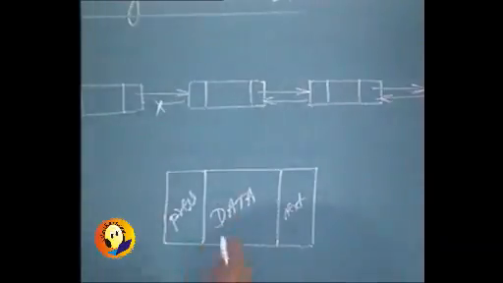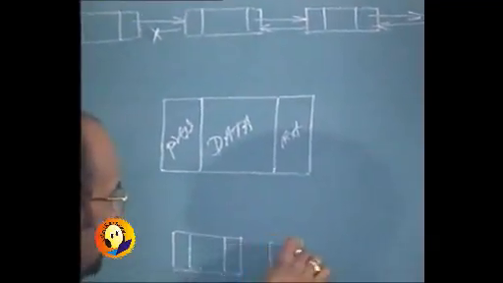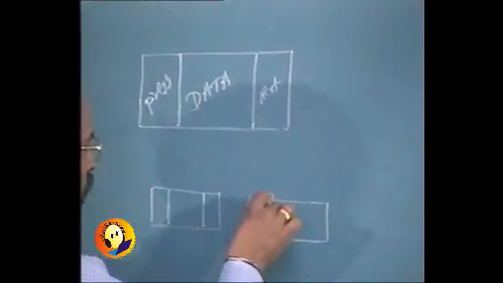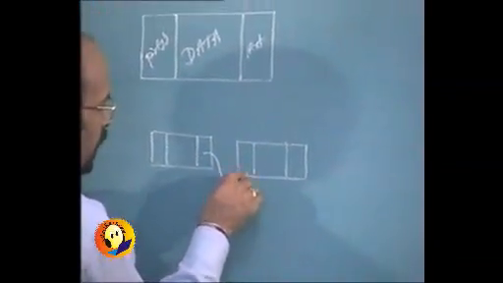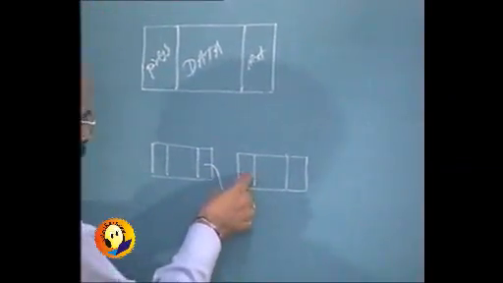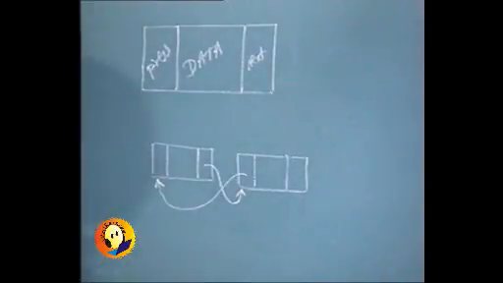To be precise, the figure should have been drawn like, इसका जो नेक्स्ट है is pointing to the beginning of this, और इसका जो previous है that is pointing to the beginning of the previous node. Pictorially हम ऐसे दिखाते हैं.